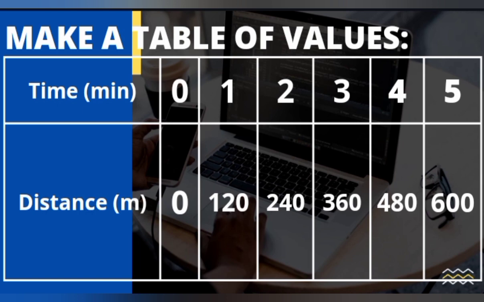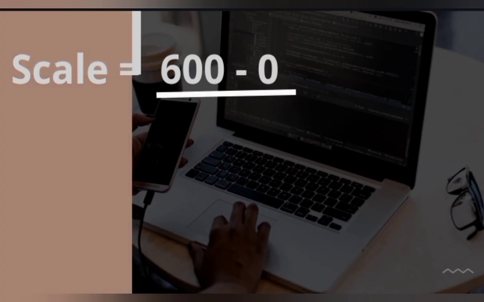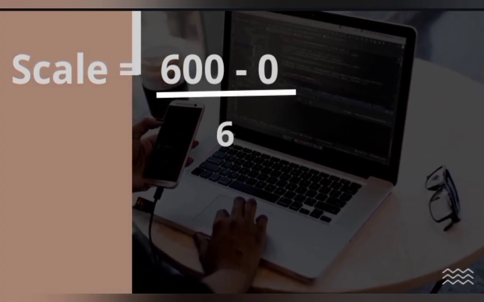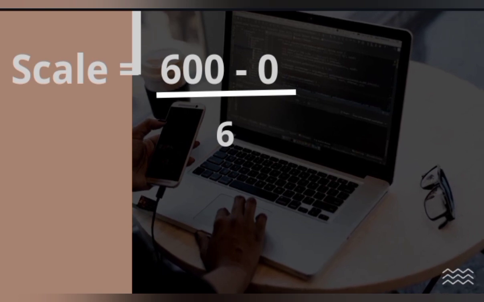We are looking at the row for the distance. The largest number there is 600 and the smallest is 0. So you will expect our range to be 600 minus 0. And if you look at the graph very well for the y-axis, you would be able to count 6 large boxes. How do you do that?